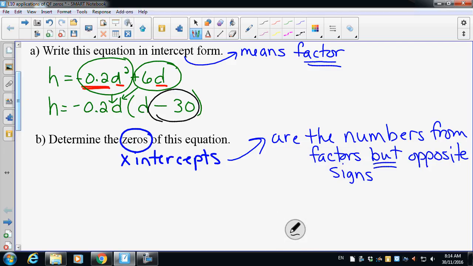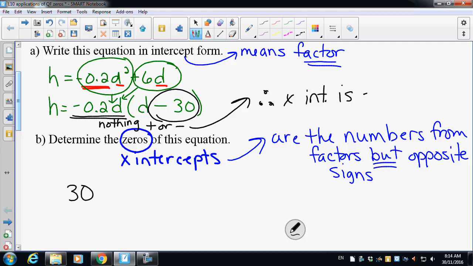The number from there is minus 30, so one of the x-intercepts is 30. The other one isn't so easy. When I look at that one, there's nothing added or subtracted, because the number for the x-intercept comes from what's added or subtracted. So if there's nothing added or subtracted, therefore the x-intercept is 0. So we have x-intercepts at 30 and 0.